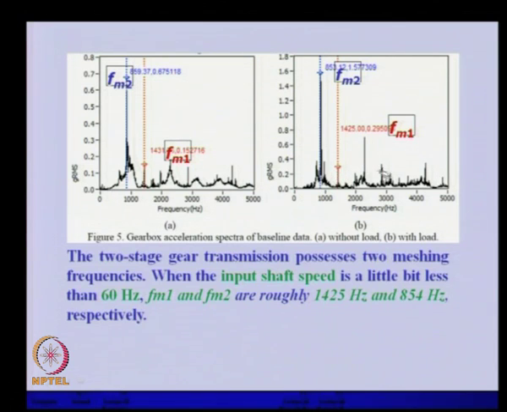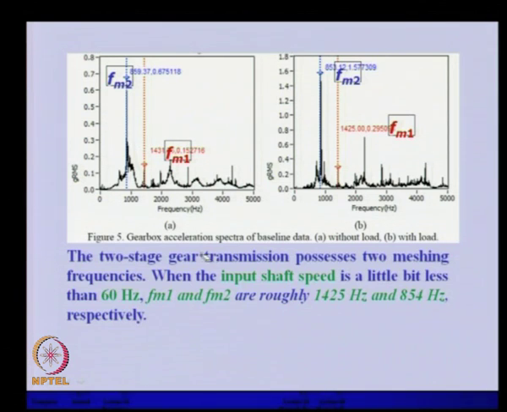Apart from that, there will be some other peaks corresponding to the structure of the gearbox and other things. Basically, this red line is a cursor, but the peaks are small; the red dots are the cursor.